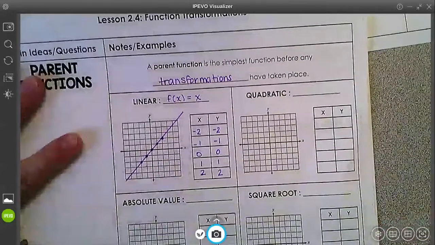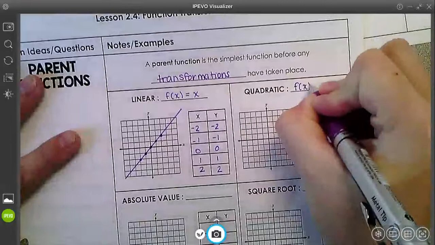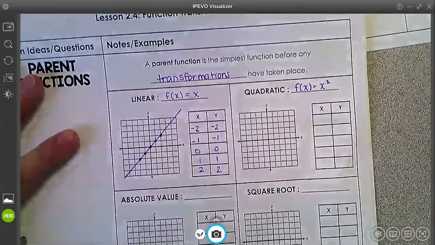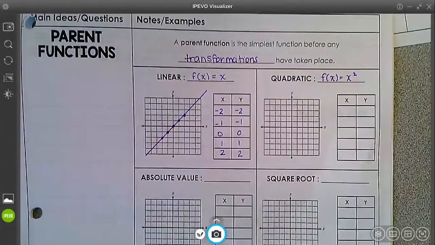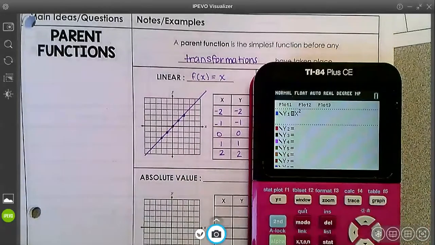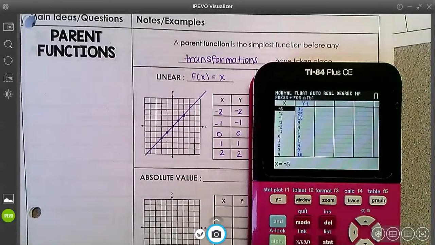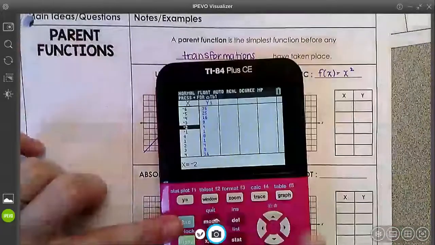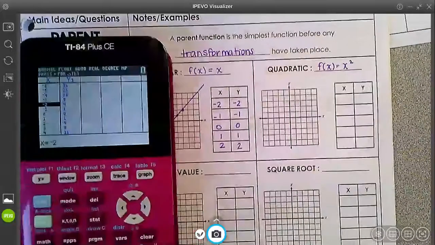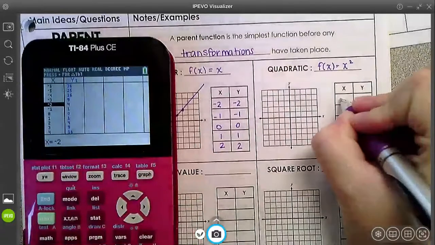A quadratic function, we have a whole unit devoted to quadratics. If we go to y equals and type in x squared, and look at the table, I'm just typing in y equals, and to get the table, you click second graph, or you can just copy off of mine.